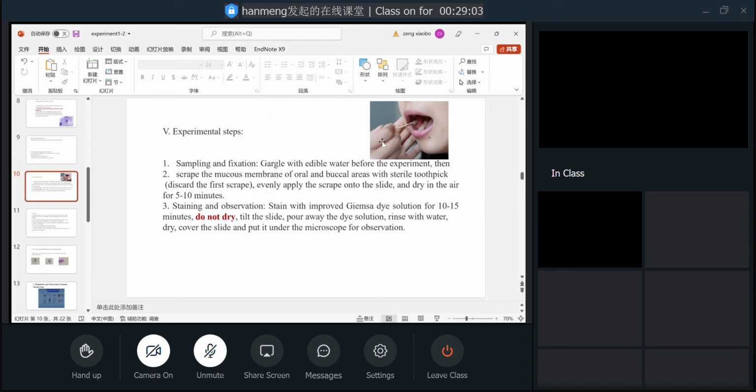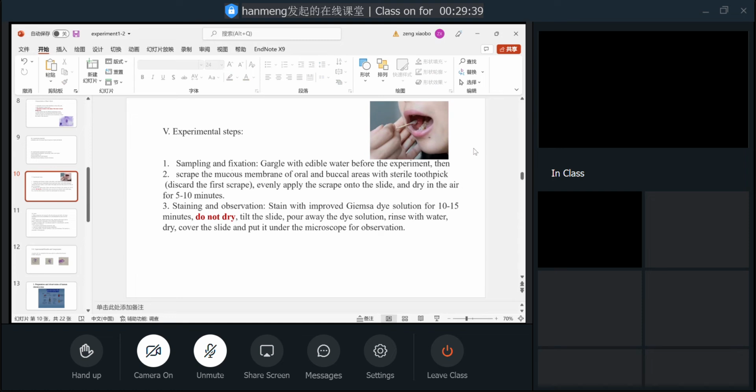First, scrape the oral mucosa of the cheek area. You should not use too much force, but you should use some force, because if you just tap the mouth, you will not get the cells, but some other materials.